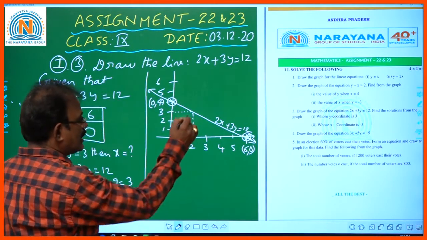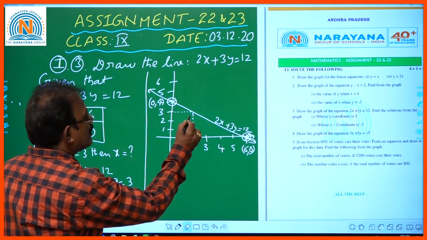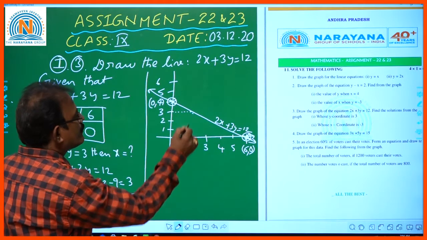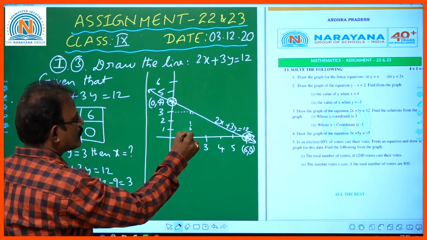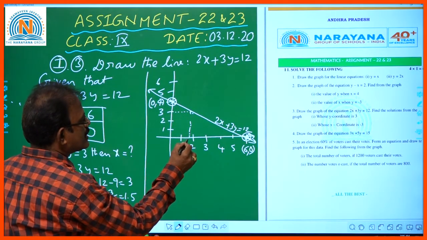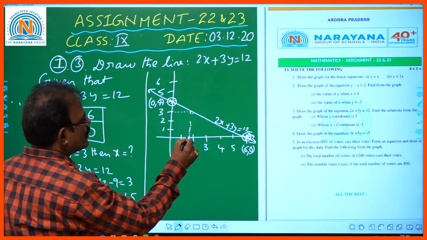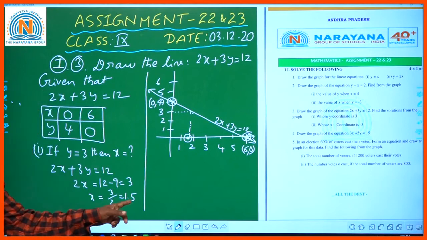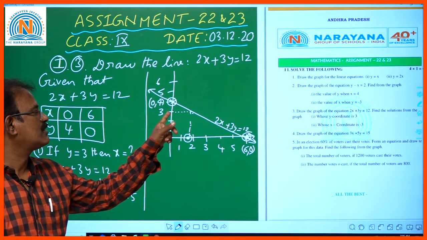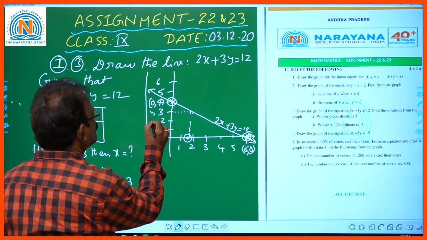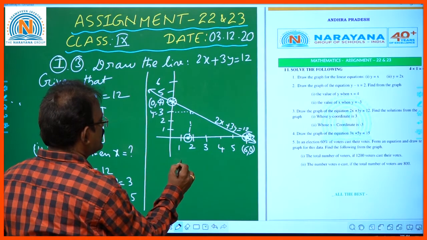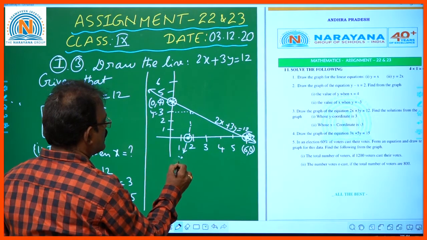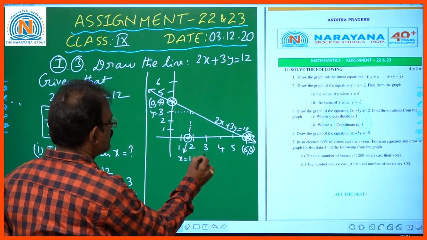That means on the graph, this is the first solution, x is equal to 1.5 when y is equal to 3.